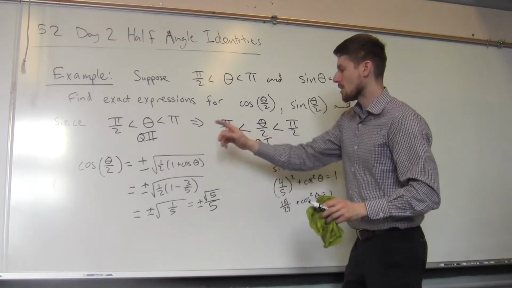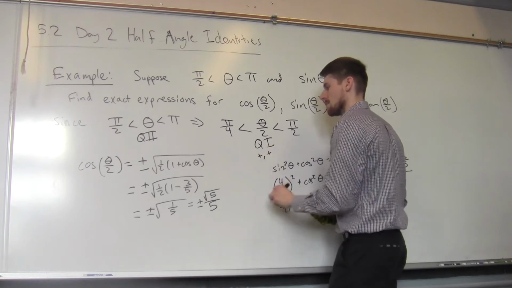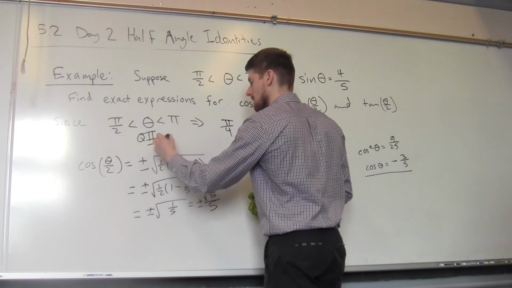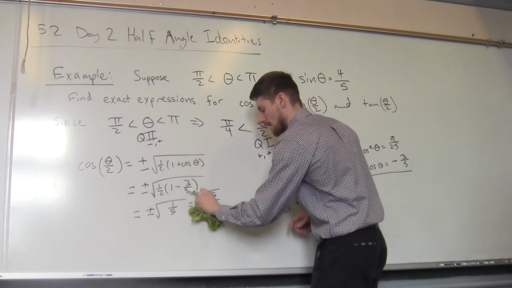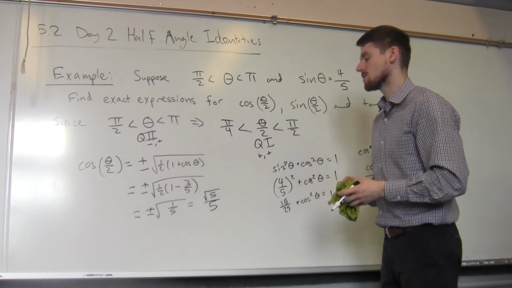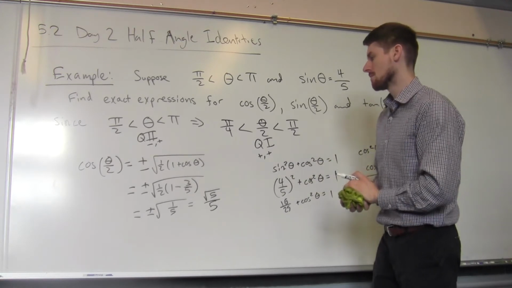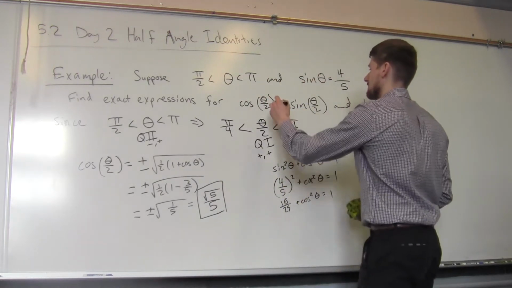That says that cosine is positive, so I throw away the negative root and I just get root 5 over 5. Cosine of theta over 2 is root 5 over 5. So there's my answer for cosine.